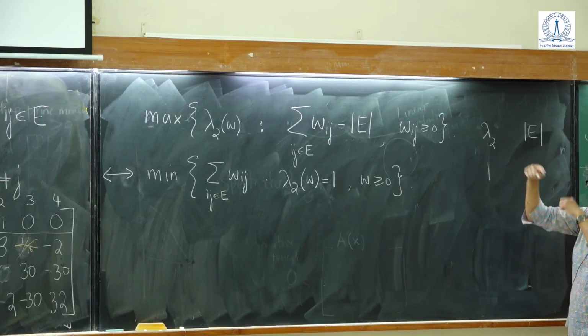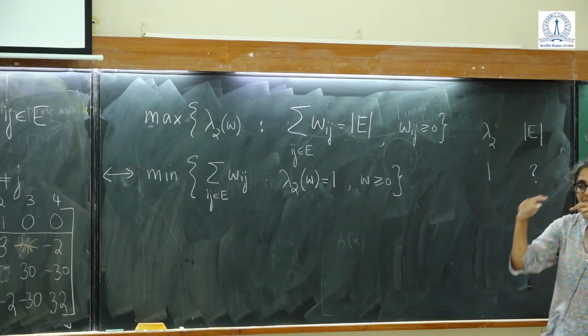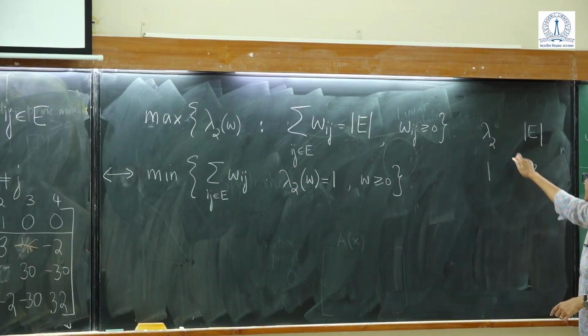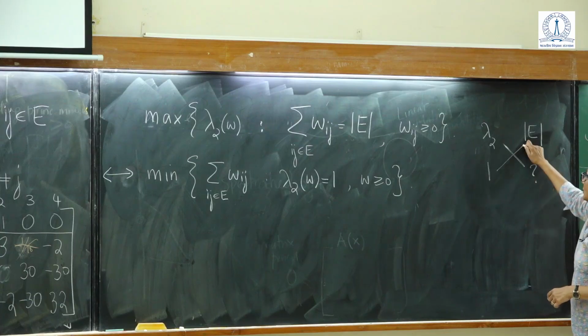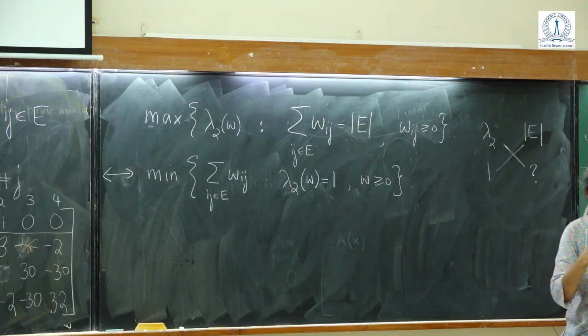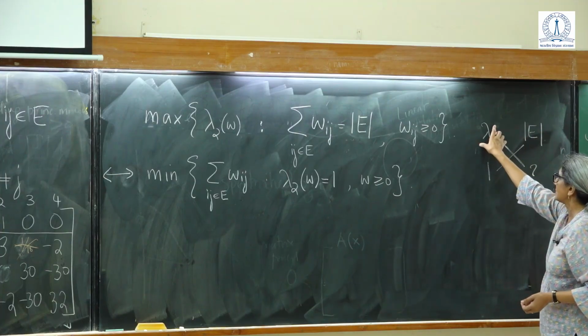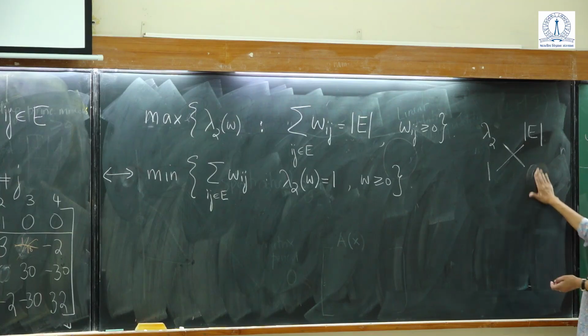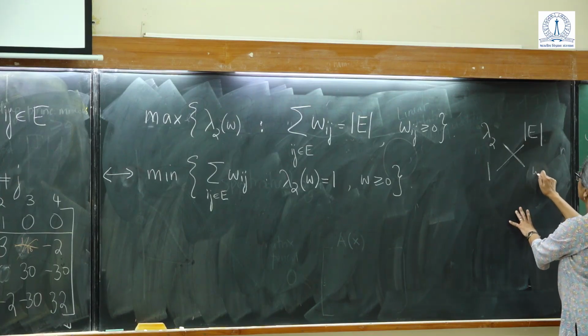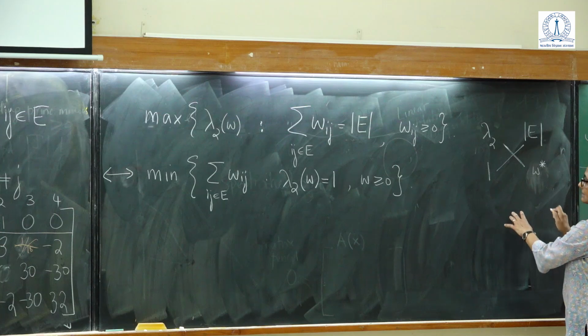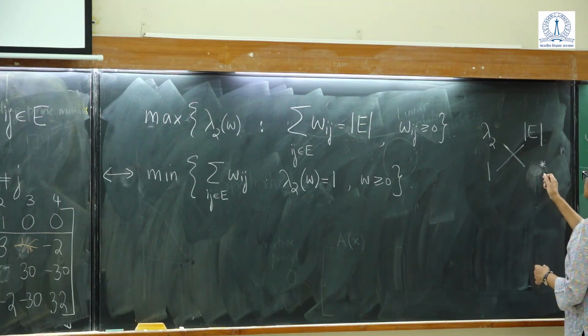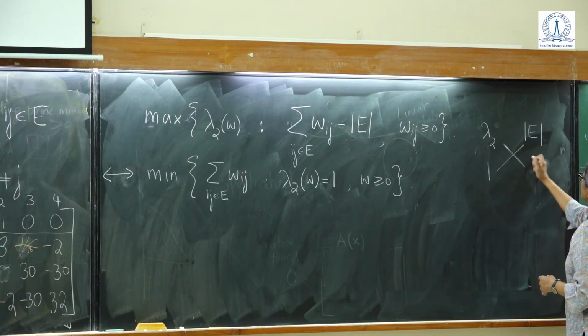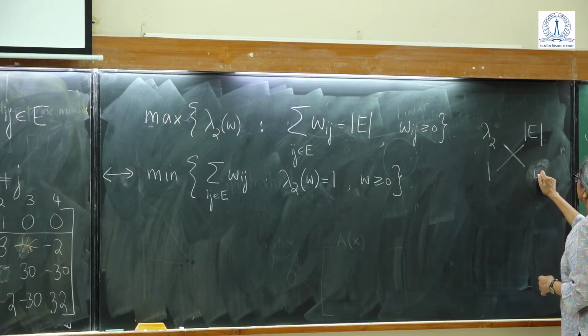So the optimal solution and optimal value have to be scaled accordingly. You have to do this cross product like we do in high school. If my sum of the weights is E, this is lambda 2. If I set lambda 2 to 1, what is the sum of weights? Let's call this W star.